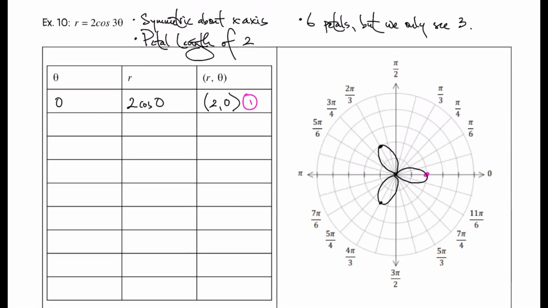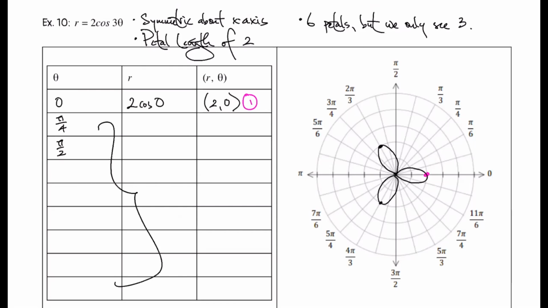So when you're looking at these petals, here's what I want us to remember. Normally, we've been doing pi over 4, pi over 2, and so on. But in this case, if we had picked pi over 4 and pi over 2, we would not have gotten the ends of the petals, right? That's a problem. So when you're doing the table, it's really important for us to think about what values are useful, okay?